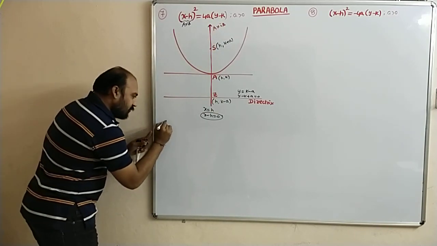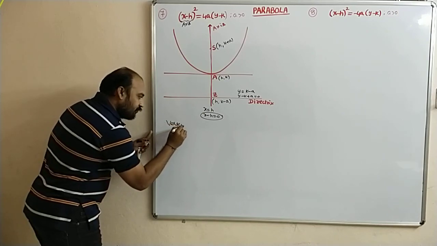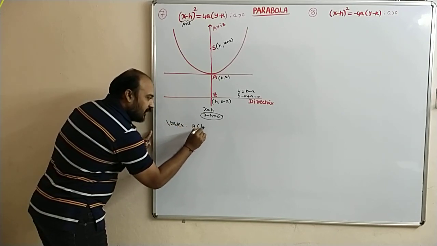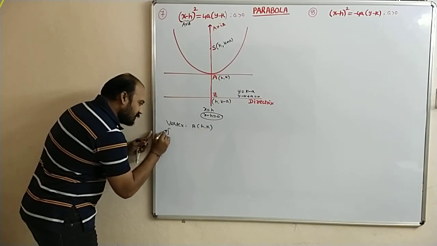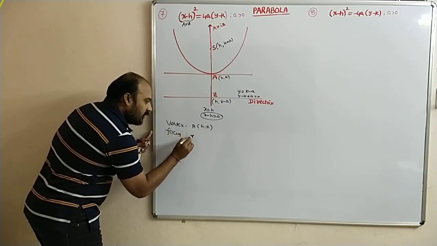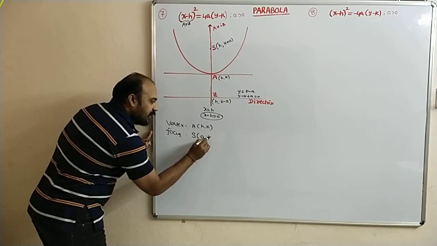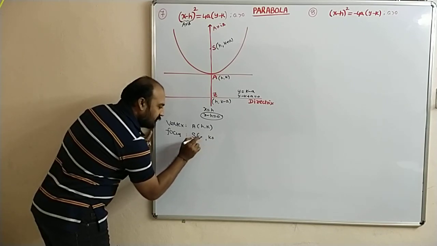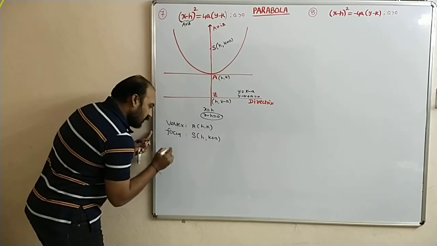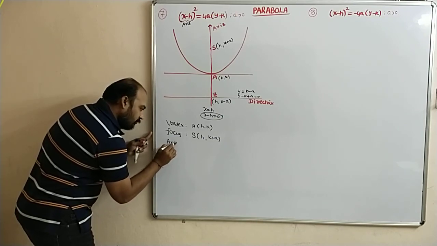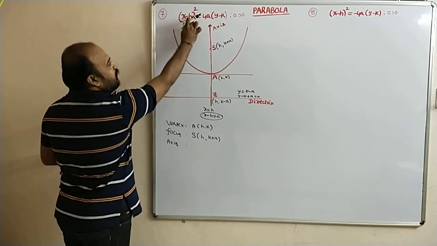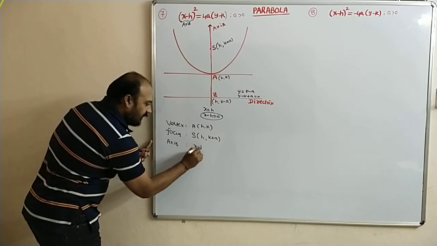Vertex of the parabola A of h comma k and focus S of h comma k plus a, and axis of the parabola. Even axis also easy to remember: x minus h is equal to 0 or x is equal to h.